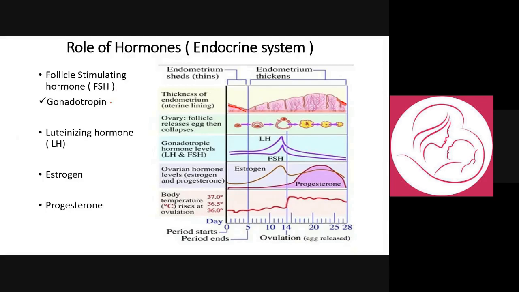There is also the importance of gonadotropin and AMH, the anti-Mullerian hormone. All these hormones are equally responsible for the generation of a healthy, matured egg, and to some extent for releasing that egg from the ovary into the fallopian tube at the right time.